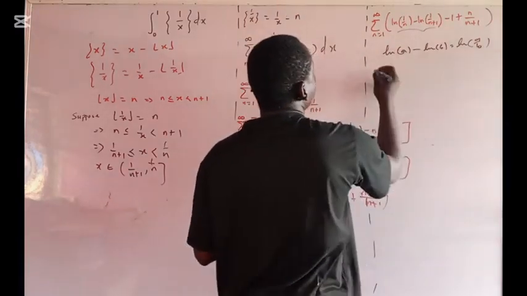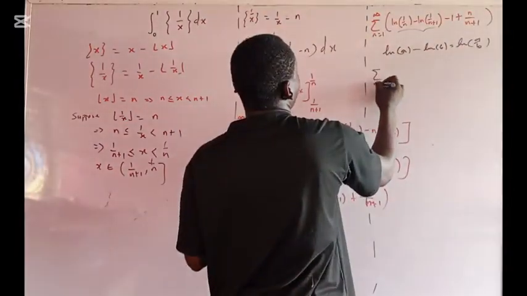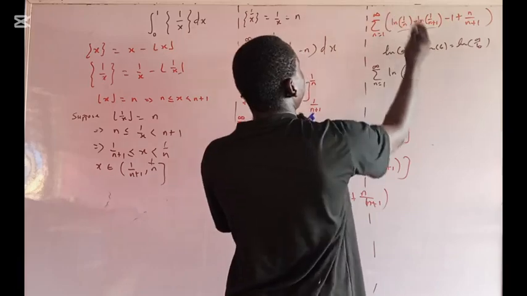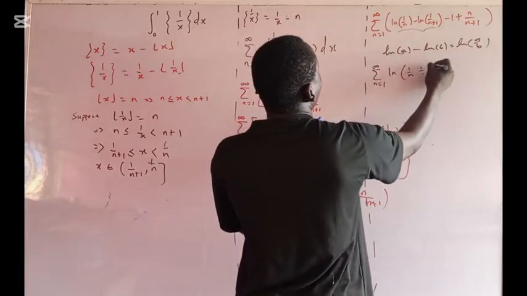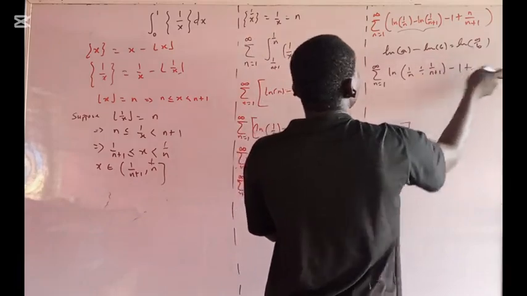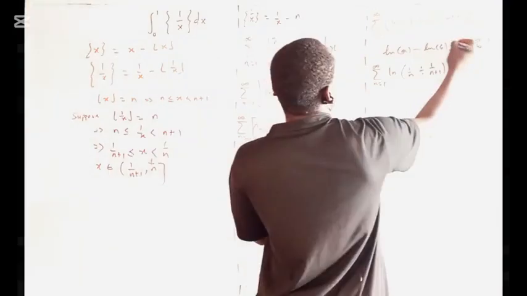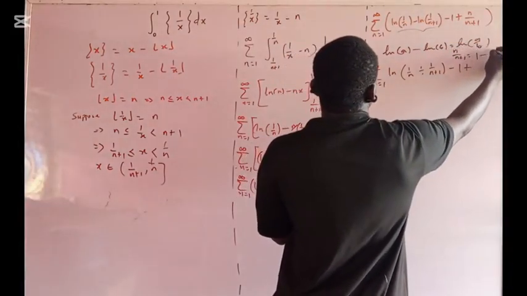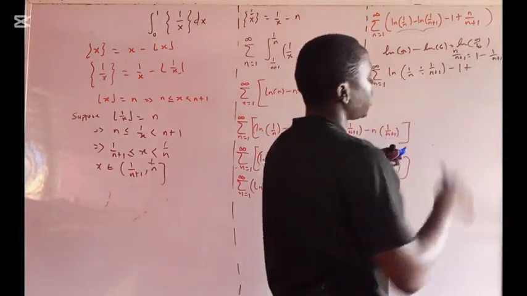So we can apply that here. So we're going to have sum of n from 1 to infinity of natural log of 1 over n divided by 1 over n plus 1, then minus 1 plus. And also remember n over n plus 1 is the same thing as 1 minus 1 over n plus 1. So take note of that.